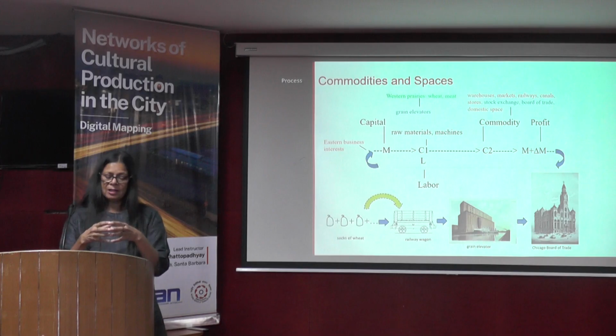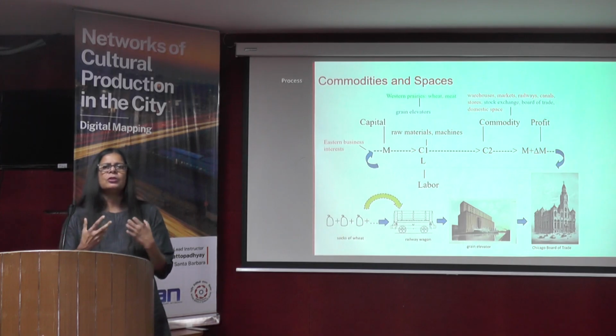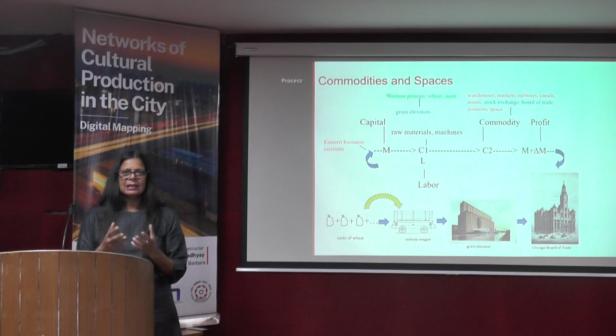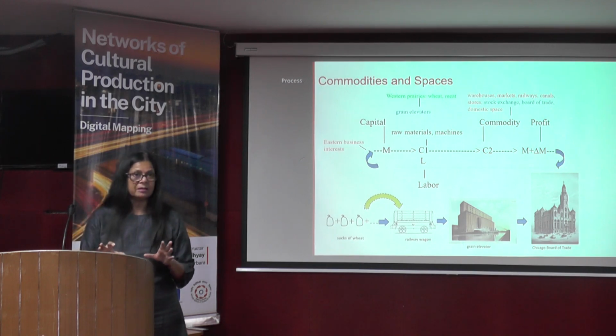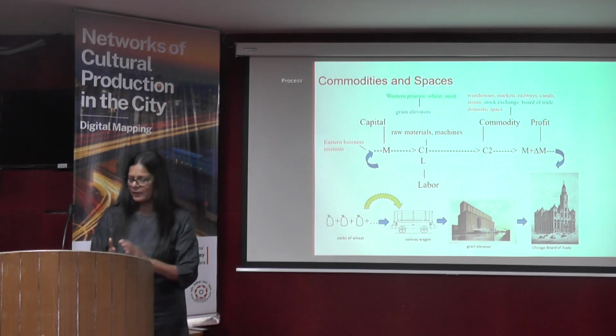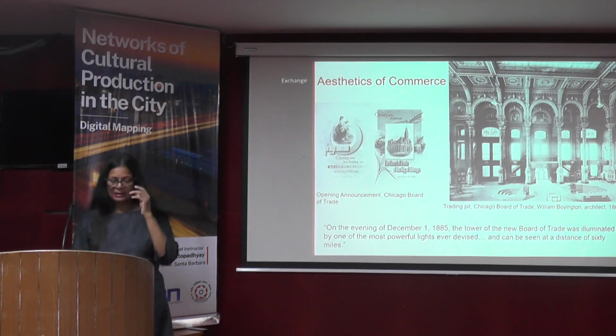So between the grain elevators and the Board of Trade, they give certain assurance to the buyer, apart from other things, that they're regulating quality, that they're actually regulating a market. In other words, they've created the market and they take on the job of regulation. I'm going to stop there and we can think about the aesthetics of commerce again beginning tomorrow.